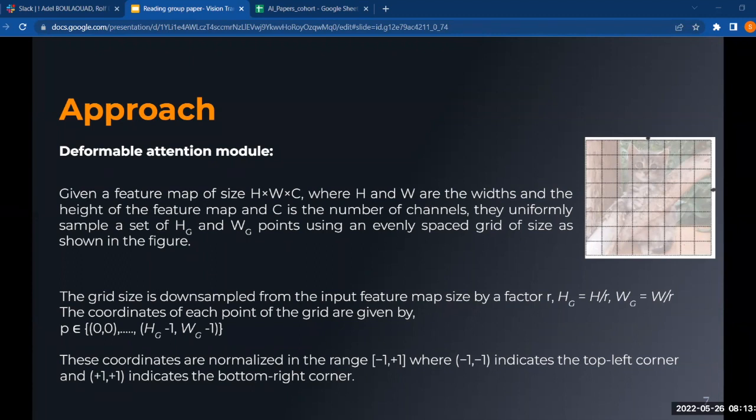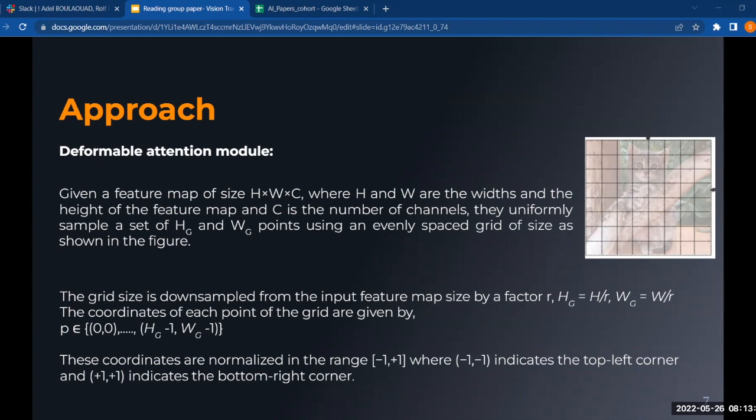They use bilinear interpolation to sample features from the input, and then project them to key and value pairs, to which multi-head attention is applied to attend the queries, keys and values and aggregate the sampled features from the values. To achieve this, given a feature map of size H, W, and C, where H is the height, W is the width, and C is the number of channels, they uniformly sample a set of Hg by Wg points using an evenly spaced grid, as shown in the figure.